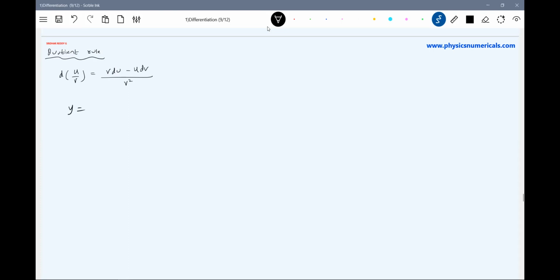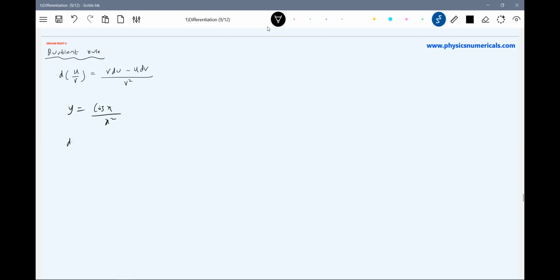Now let's take one function. Y is equal to cos x by x square. What is the derivative of this?